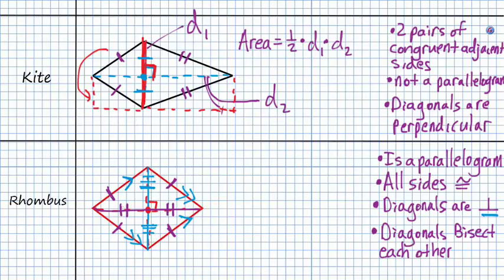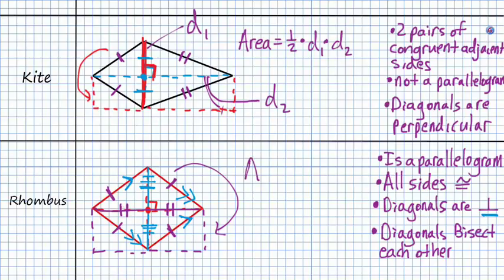Interestingly enough, our area formula for our rhombus is actually going to be the same because we can do this whole cutting and moving thing again, right? So we notice that we have these congruent sides, so we can take our figure and I could move this triangle down here, and I could do the same thing over here because we have this congruent side, so I could match them up quite nicely, and I'm going to create a rectangle that is half the height of this rhombus.